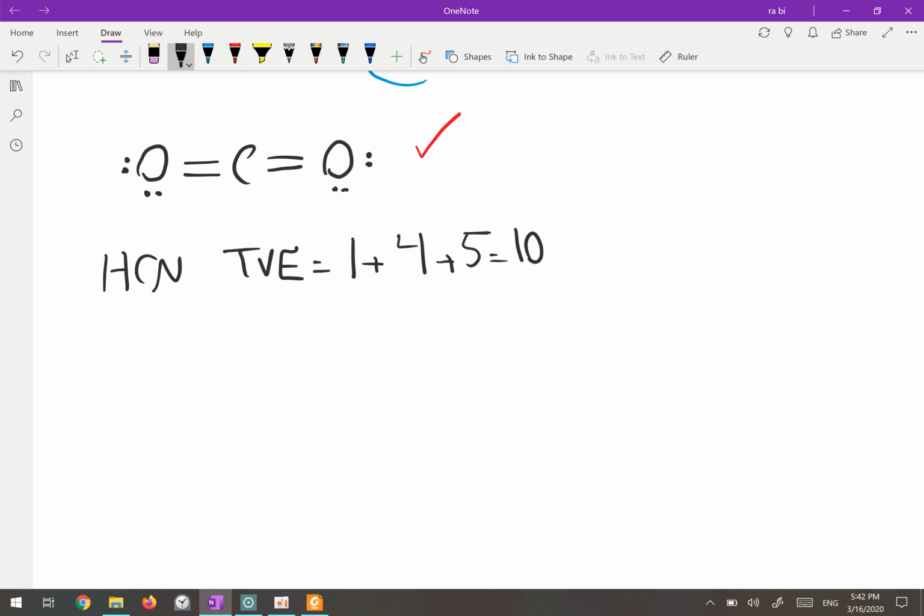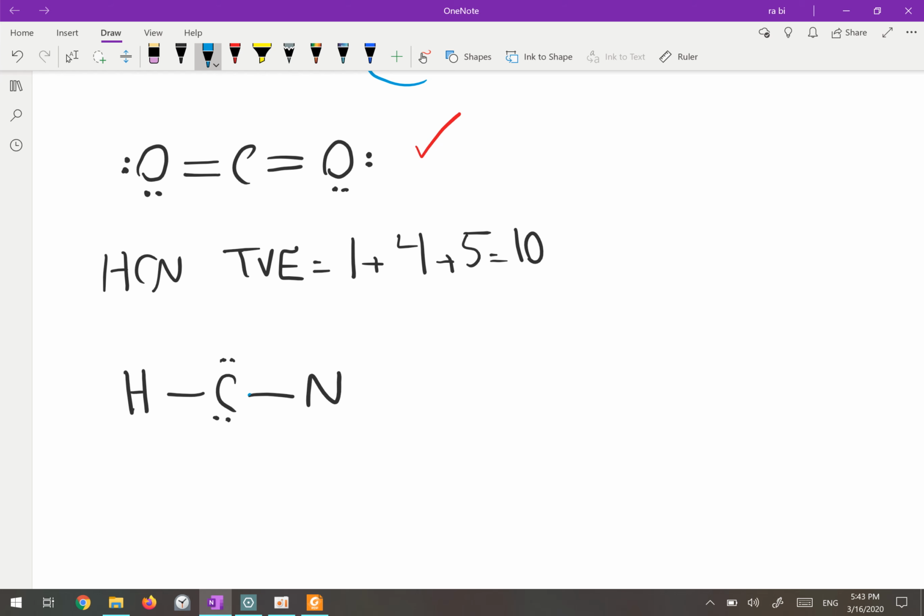As I said, when you have carbon, carbon comes to the center. You put a single bond with hydrogen, and a single bond with the nitrogen. We make all of them octets except the hydrogen, which has 2 electrons. So the carbon becomes 2, 4, 6, 8.